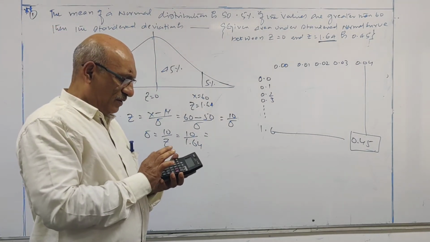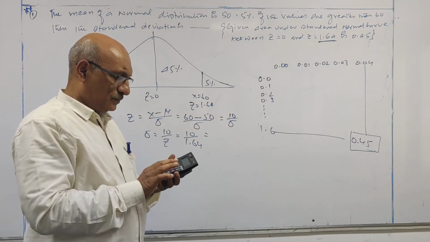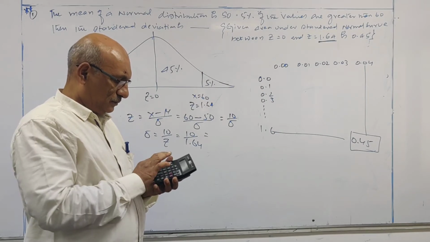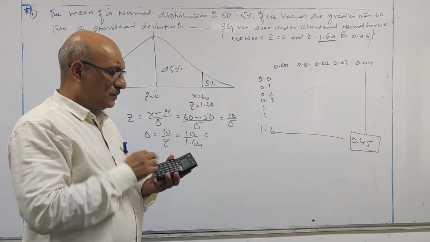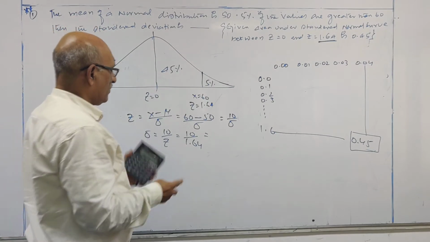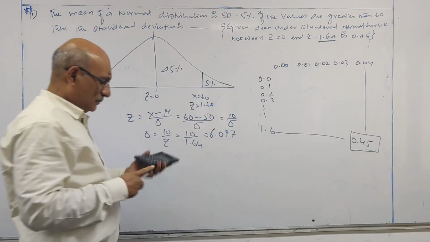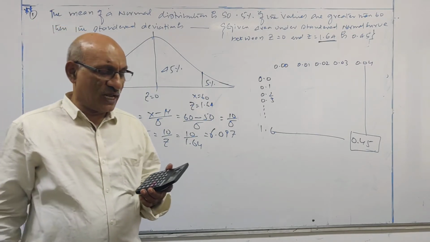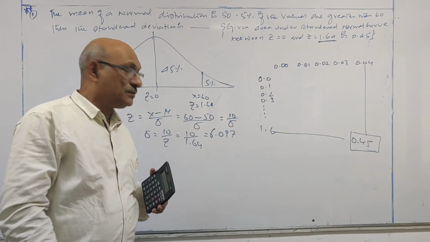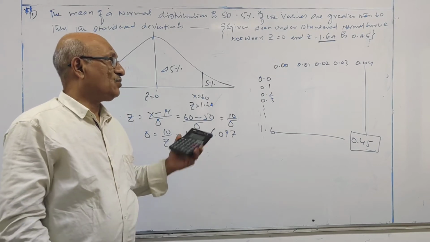This is 6.097. This is the value. This way you have to calculate.